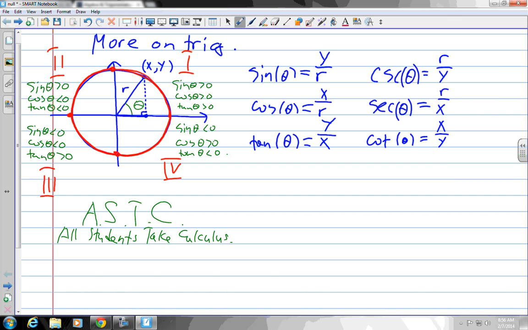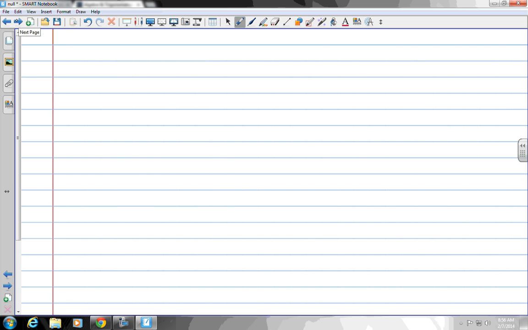So I want to try this example. What is given to us is that cosine theta equals 2/5 and tangent theta is negative. Okay?